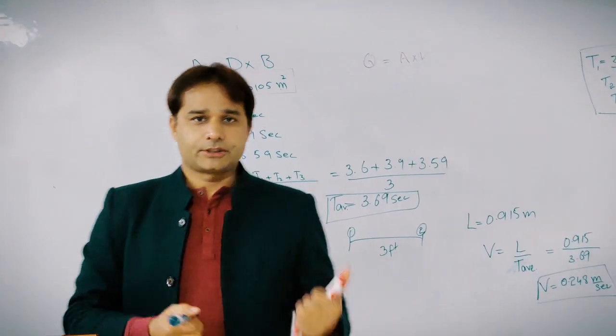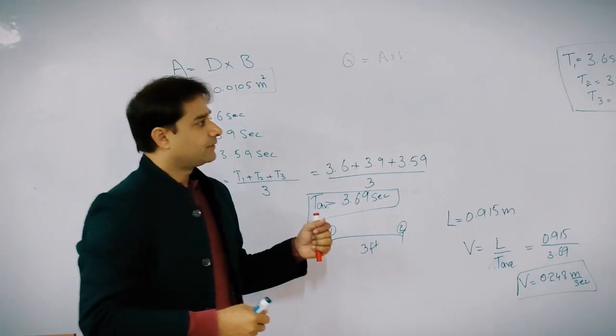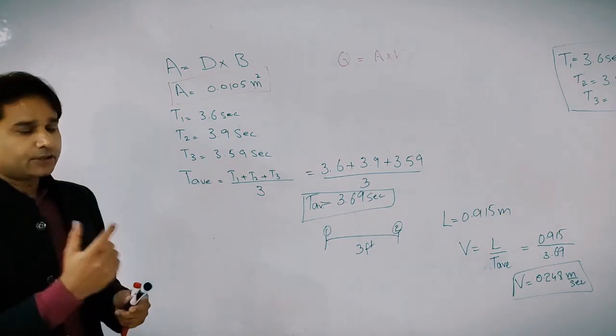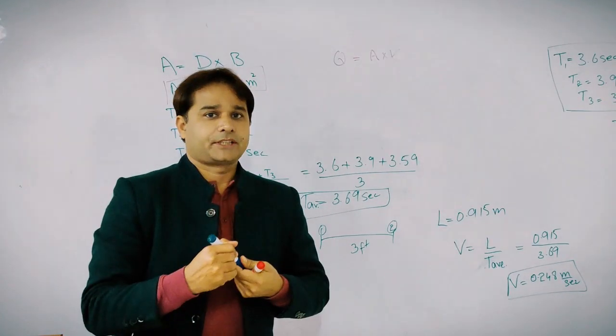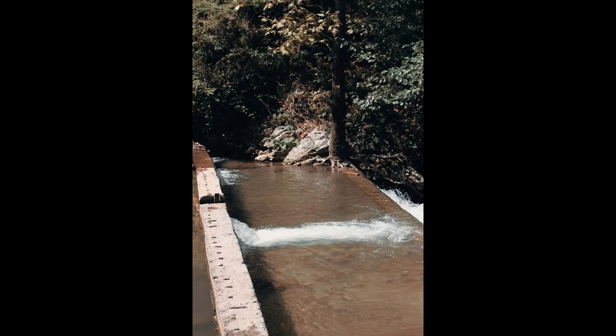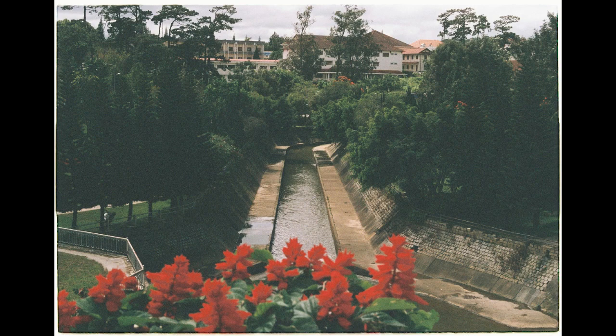Now we have velocity and we already have calculated the cross-sectional area. From these two values we can get the flow rate. Our area is 0.0105. We have to multiply this with the value of velocity, that is 0.248.